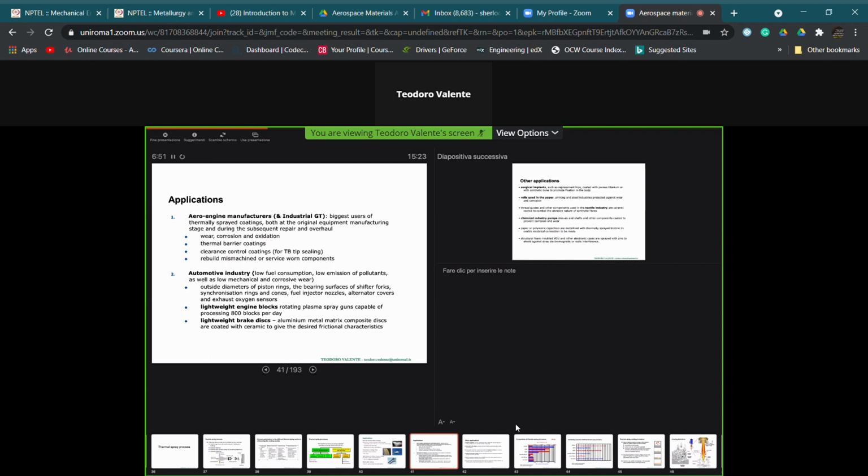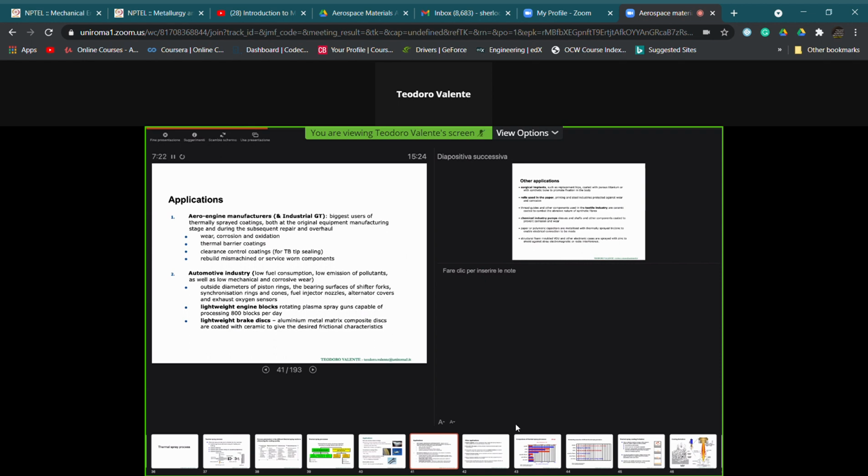In both cases, in the case of the fabrication of the original components or equipment, the thermal barrier coatings, for example, but also for repairing damaged components. In this case, we can have wear, corrosion, oxidation resistant coatings, thermal barrier coatings.